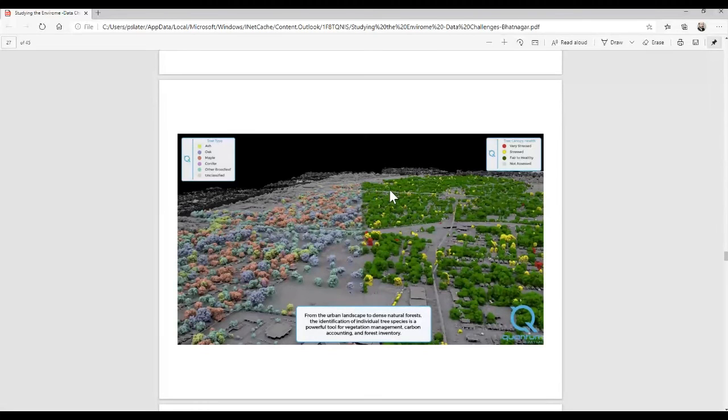With learning from that, we would be able to understand what the effect of neighborhood greening is, and how it impacts the social structure of the place as well. Can you move to the next slide?